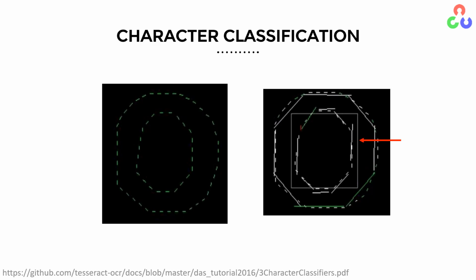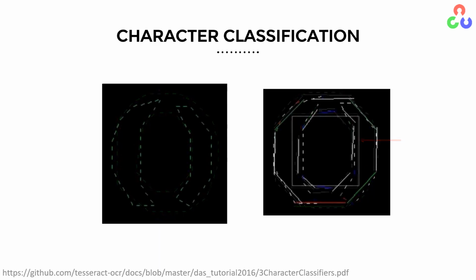Now, surprisingly, this actually works very well even when the character is broken. So you can see here that the O is broken and we see these two segments, but when the template is applied to it, most of the template still matches with this O, and this O is correctly recognized.